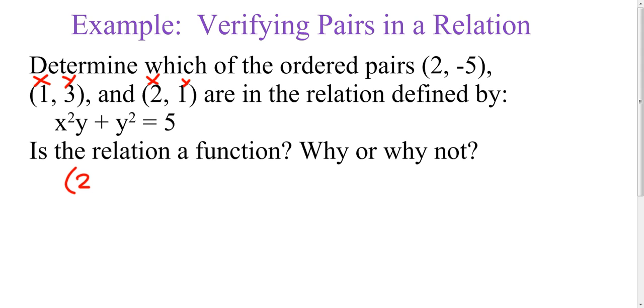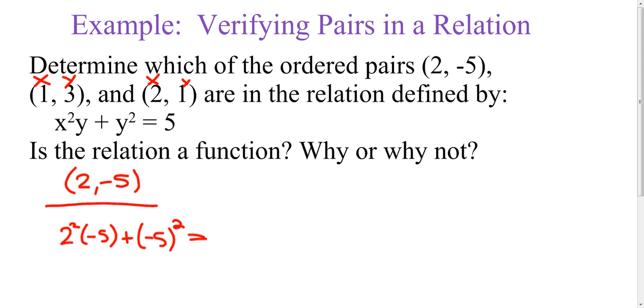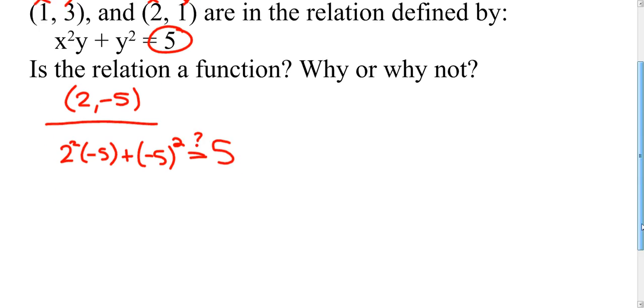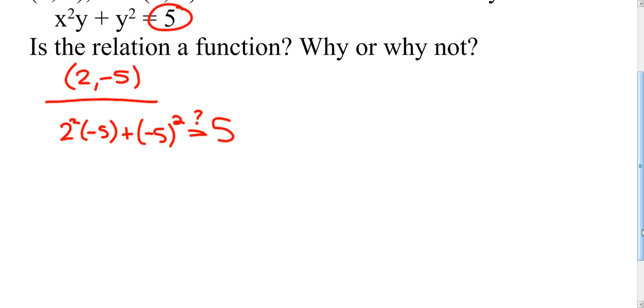Okay, so we're going to first of all plug 2, -5 in. All that means is I'm going to take x squared, which is 2 squared, times y, which is -5, plus y squared, which is -5 squared, and I'm going to see if I get 5, which it says I'm supposed to right here. So let's check to make sure that we get 5.